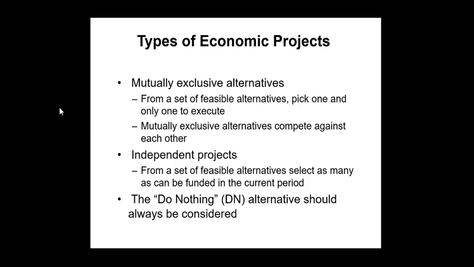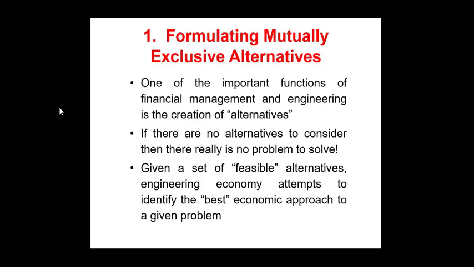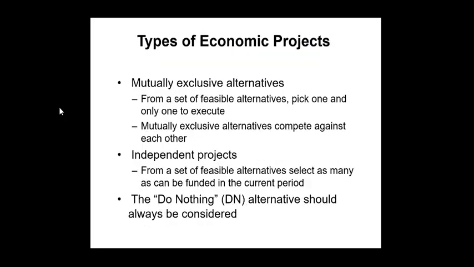And the second problem is the comparison of alternatives to select the best alternative to invest. Okay, two main problems. And in this part, we have to formulate the mutually exclusive alternatives. And now, types of economic projects.